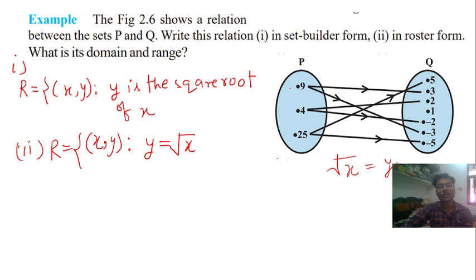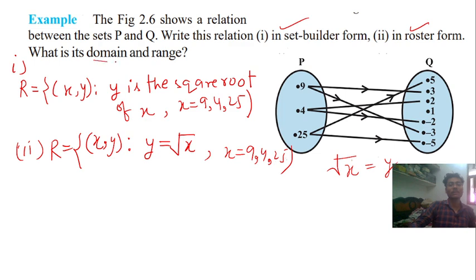Okay, so either we can say x to be 9, 4 and 25. So we will write x is equals to 9, 4 and 25. We also have to specify the boundaries of x and y. So what we will do, we will again here say x is equals to 9, 4, 25. So that's how we define the relation set builder and roster form.